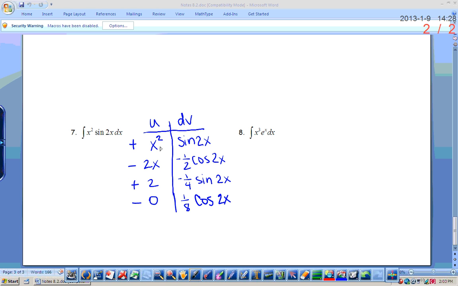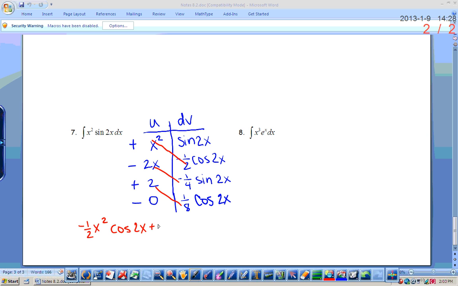Okay, so when we multiply by the diagonals through here, like that, then our answer will be x squared times negative 1/2 cosine 2x. I'm going to write that as negative 1/2 x squared cosine 2x. And then I'm going to multiply negative 2x times negative 1/4 sine 2x.